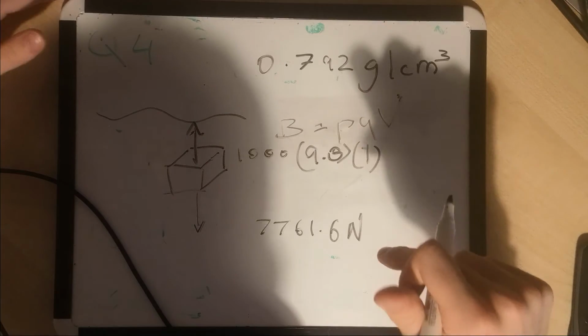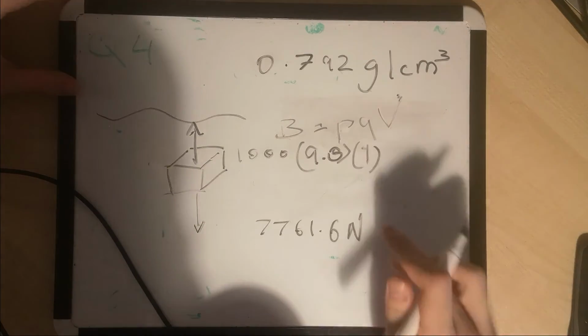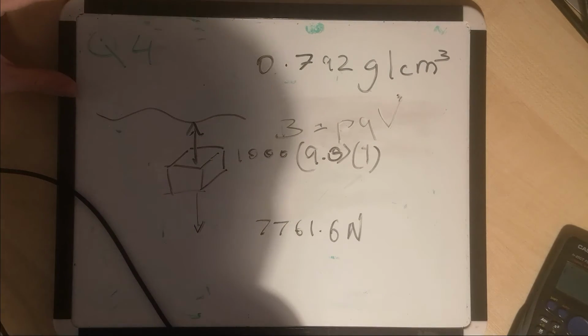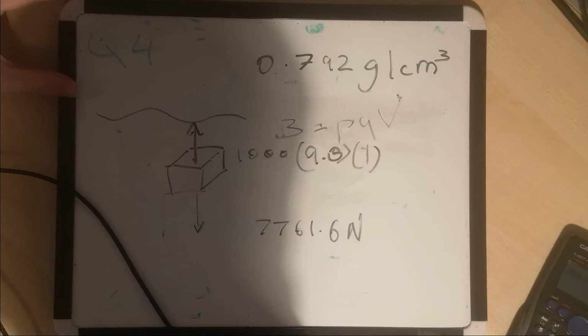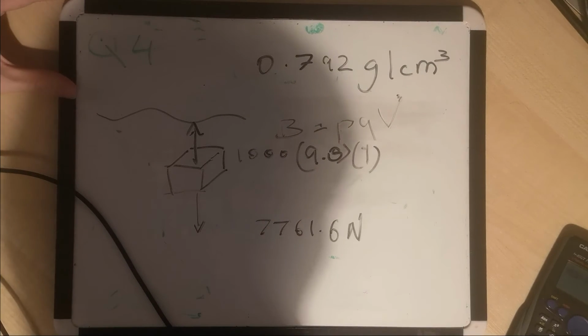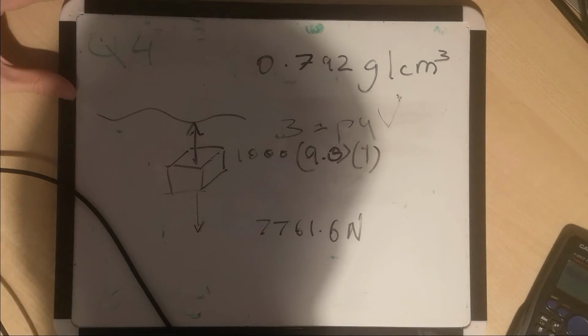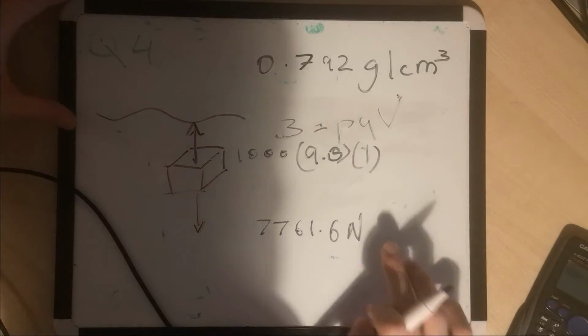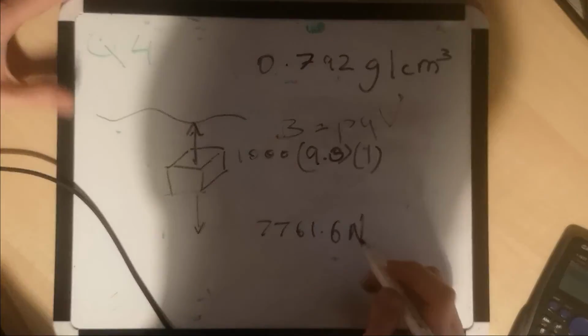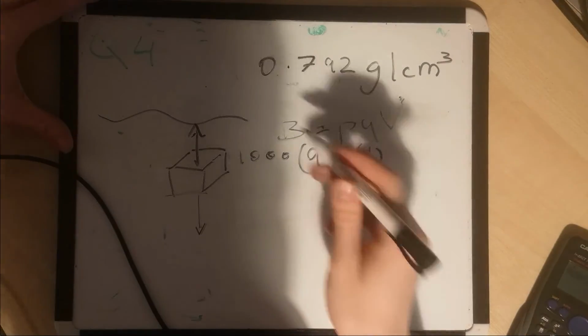So we have our upwards force and our downwards force. Now we can subtract them to find the net force, which is 9,800 take away 7761.6, or we can round it to 7762 because it's just a tutorial video and the exact answer does not matter here.